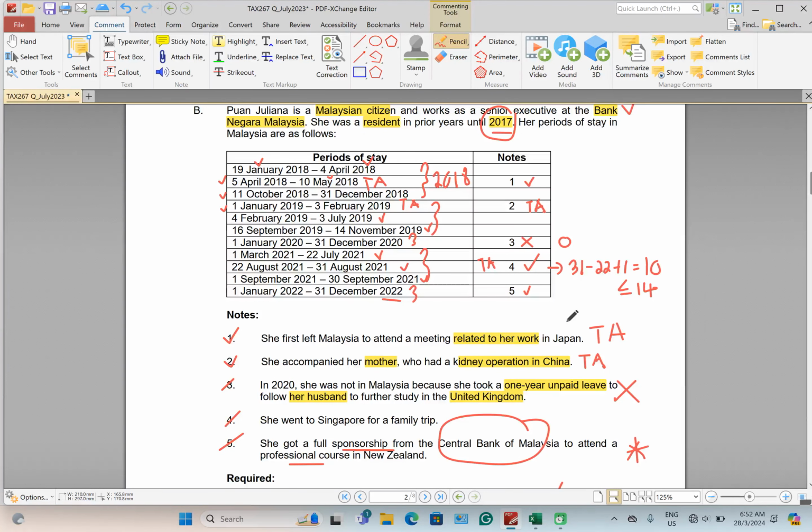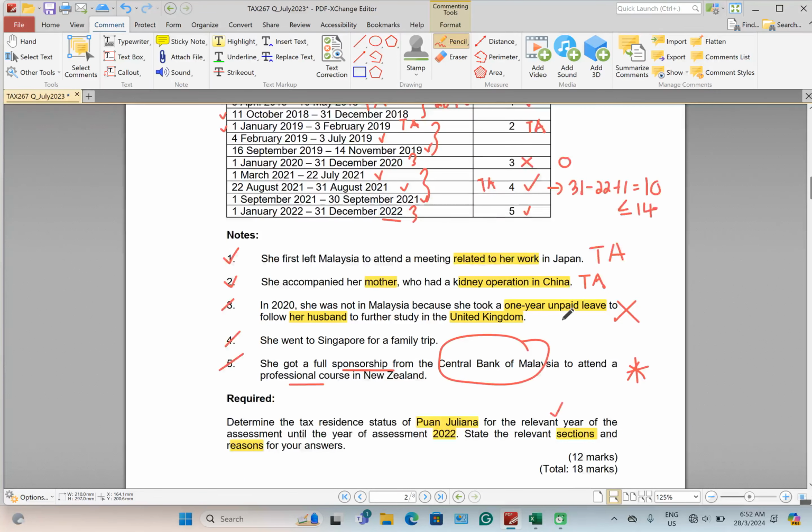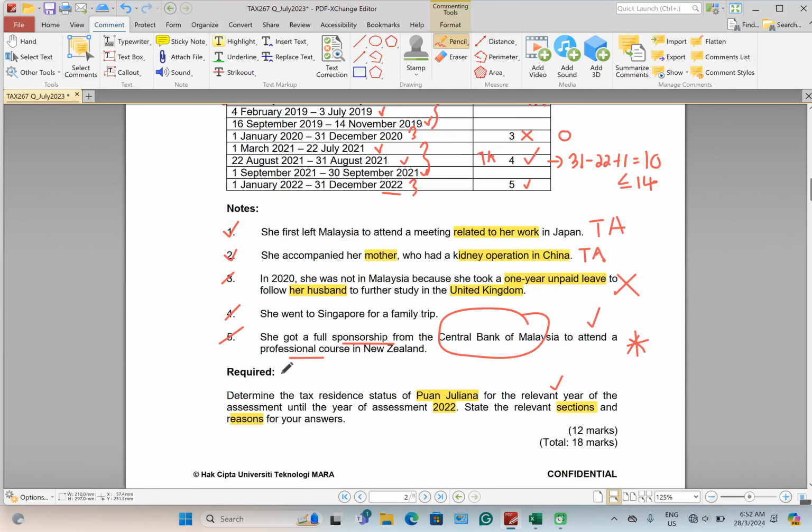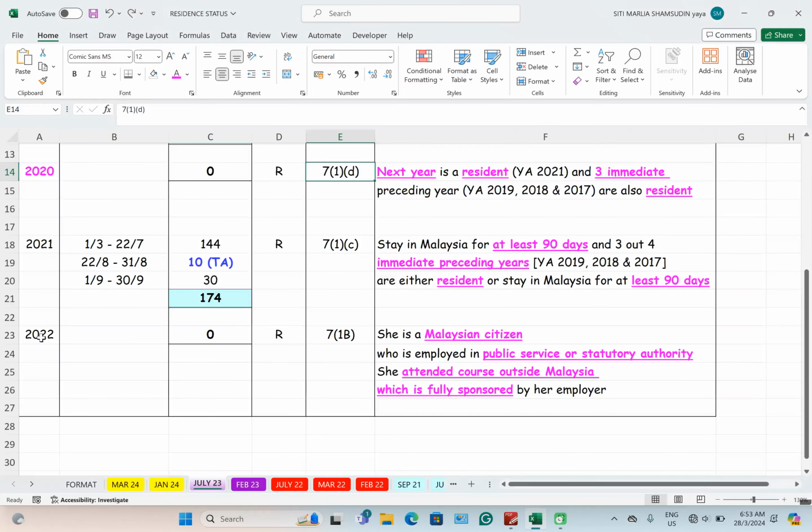Number 3, the reason she was absent from Malaysia is she attended professional course, not for leisure. And then number 4, when she attended the professional course, it must be fully sponsored from her employer. So she fulfilled all the 4 conditions. That's why, guys, for 2022, resident under section 7, subsection 1, capital B.